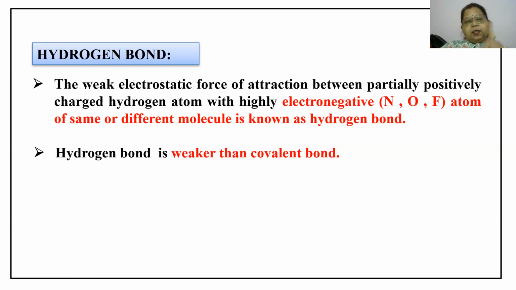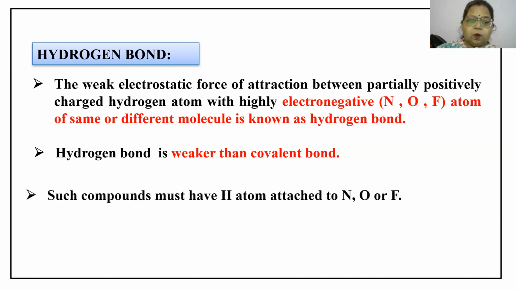So ionic bond is strong, covalent and coordinate bond is weak, and hydrogen bond is still weaker than covalent bond. In the longer run, when discussing organic or inorganic compounds, at times we'll say covalent bond is stronger, sometimes weaker. Please remember, it is a comparative term. Covalent bond is weaker than ionic bond, but stronger than hydrogen bond. Clear?